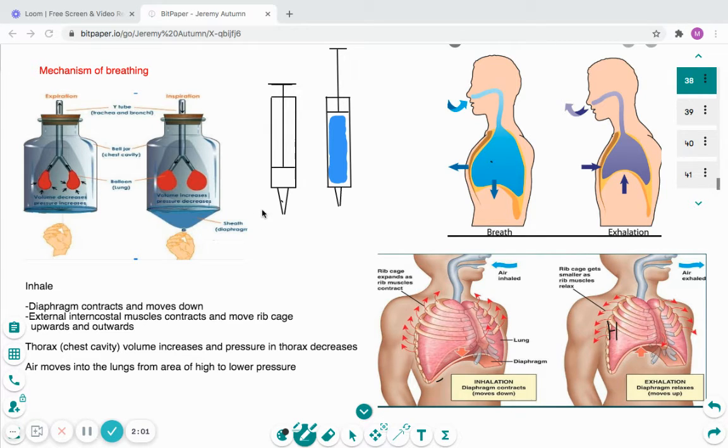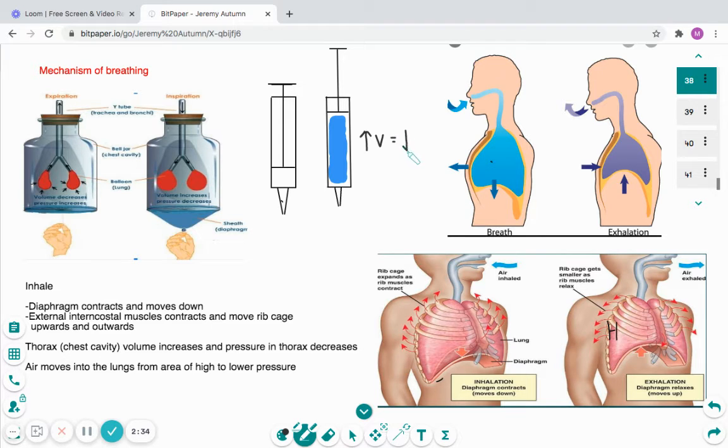So it's the same with how a syringe works. If you put this syringe into a beaker of water and you want to get the water out, you need to pull this handle up. So if you pull that handle up, you are increasing the volume, and by doing that, it's an inverse relationship with pressure.